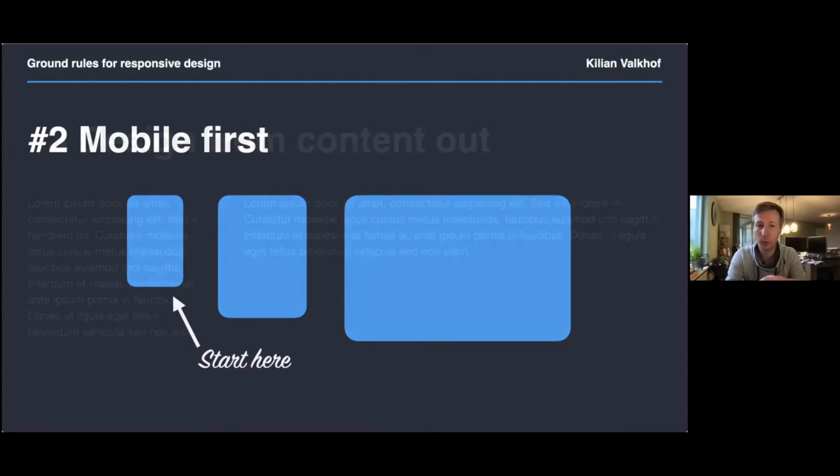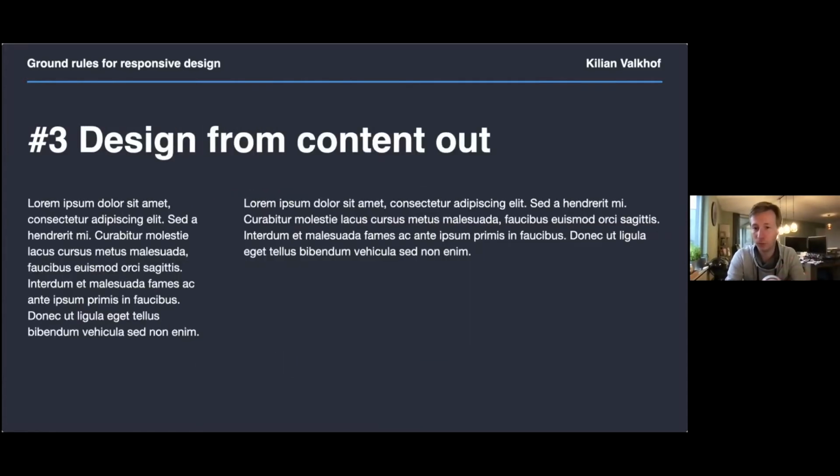For number 3, you want to design from the content out. Responsive design is usually linked to devices. In fact, the previous rule I mentioned is designed for mobile first. But what I actually meant was start with the smallest width. When you optimize specifically for devices, things are going to break the moment the next wave of devices come out. So when the average width of mobile phones went from 320 pixels to 375 pixels, suddenly all designs were a little too wide.